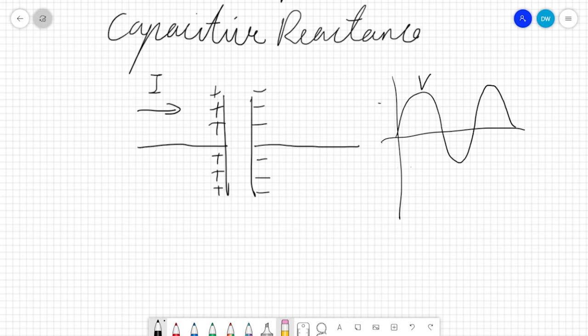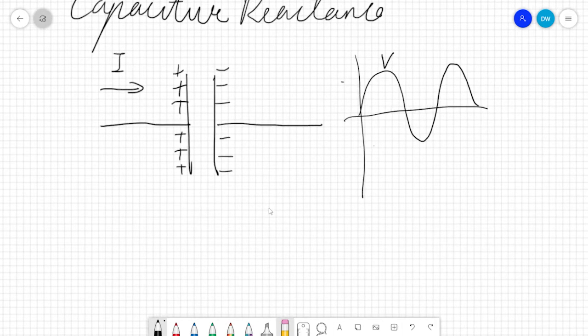So you end up in a situation where the current will start flowing the other direction before the charge, before the voltage completely reverses. So you end up in a situation where the current flow will lead the voltage.